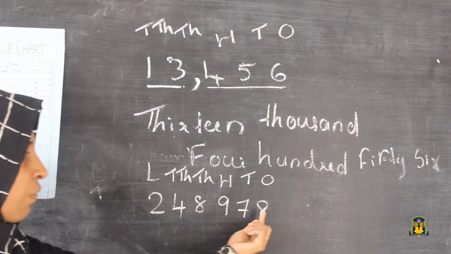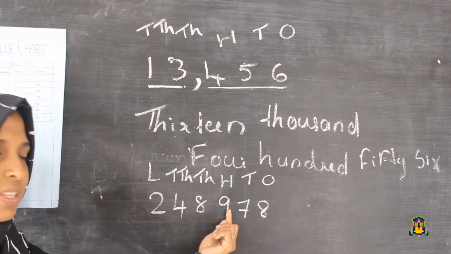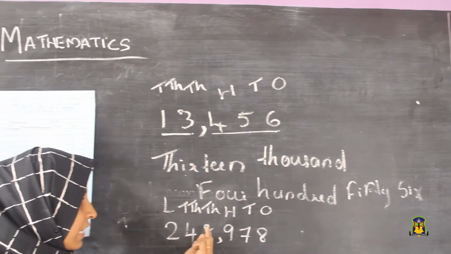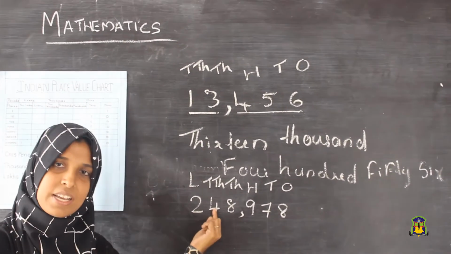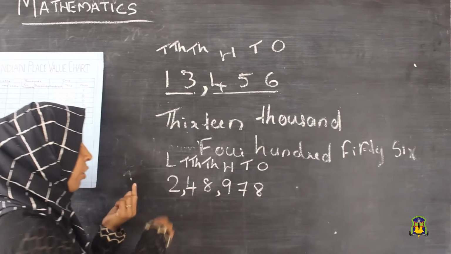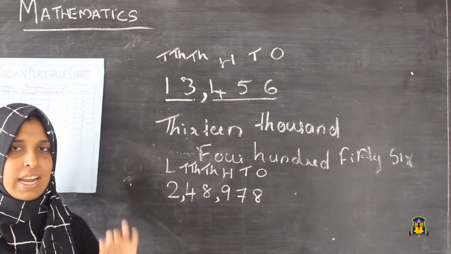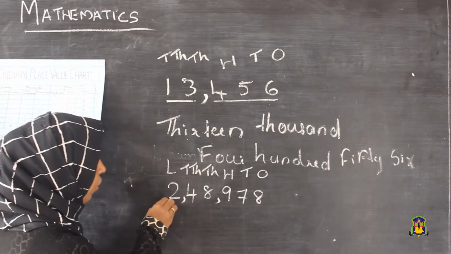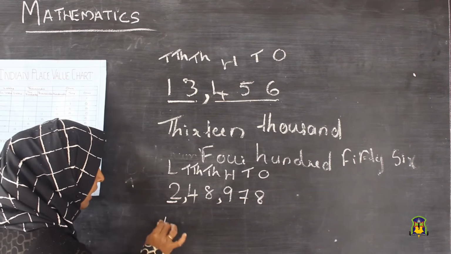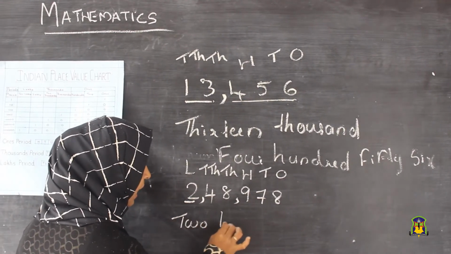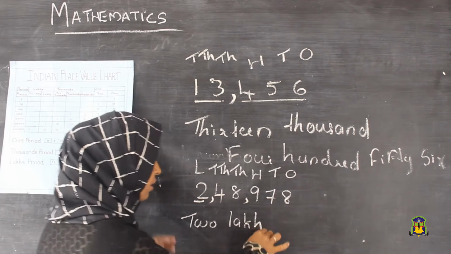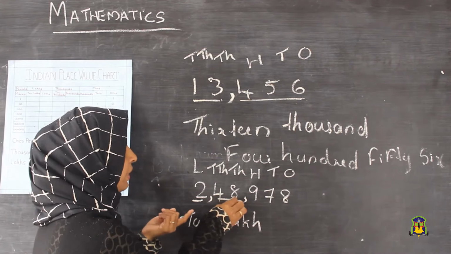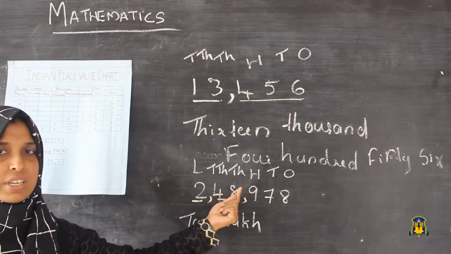Ones, tens and hundred form the ones period, so put a comma here, and after that 1,000 and 10,000 form the 1,000 period. So put a comma here. 2 is in the lakh place. So how do we write this number? Only 2 in the lakh place, so write 2 lakh. What is the spelling of lakh? L-A-K-H.